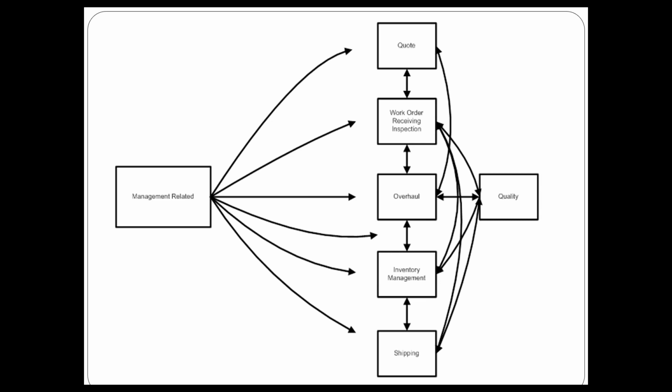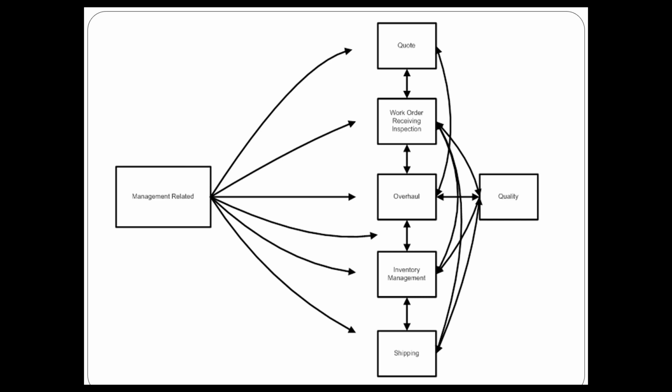This particular IOP is very unique, and the first thing I'd like for you to notice are the process names that are used here. Overhaul, very unique process name. Inventory management, again, a distinct process name. And off to the side, we have a management-related process.